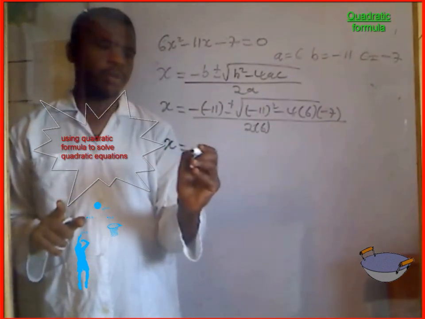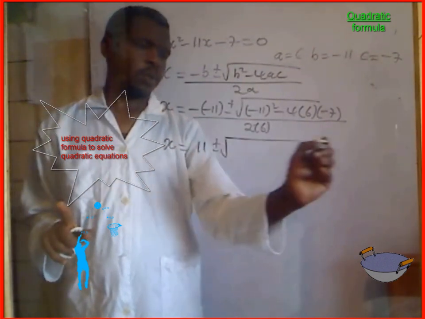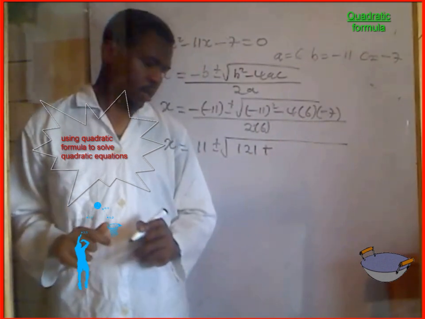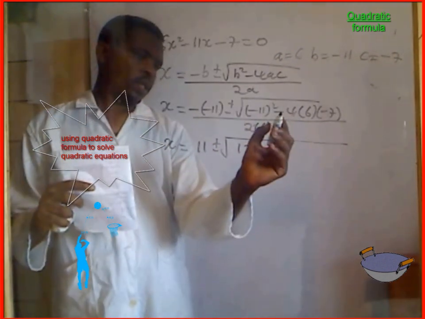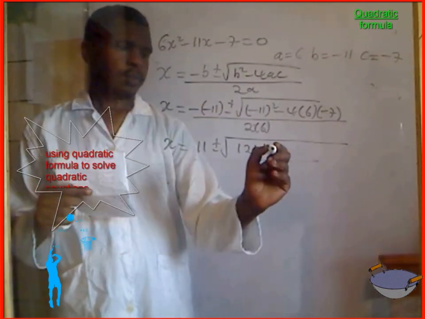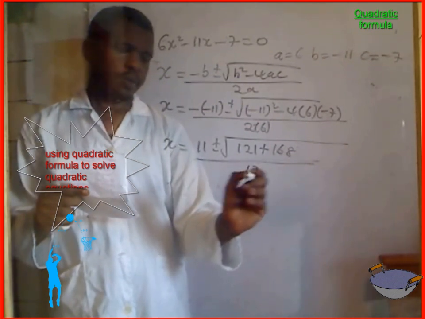X there will be equals to 11 plus or minus square root, this is 121 plus, so this is minus times minus give us positive, so they will have plus 168 divided by 12.